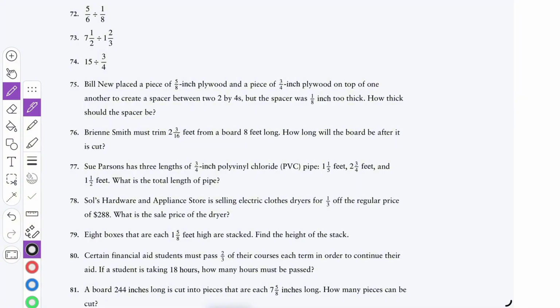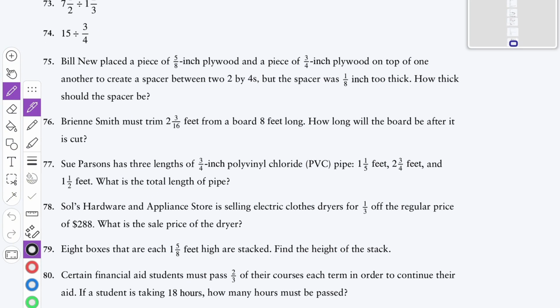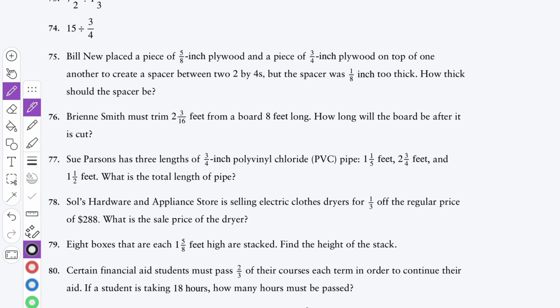Okay, so for the applications, the word problems. What I like to do when I do word problems is I always like to go straight to any numbers that I see.